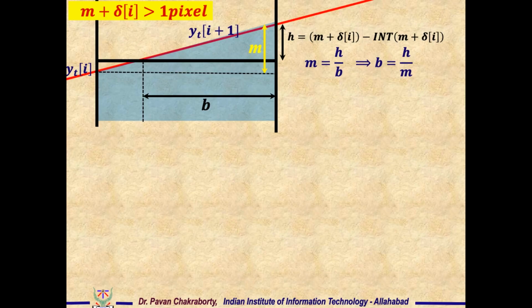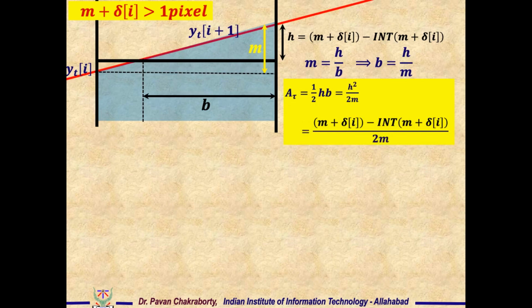M is equal to h by b, from where we can easily find out b is equal to h by m, and therefore we could then find out the area of the triangle which is overshot out of the pixel, which is A tau, which is equal to half of hb, which is equal to h square upon 2m, which is given by this equation shown below.